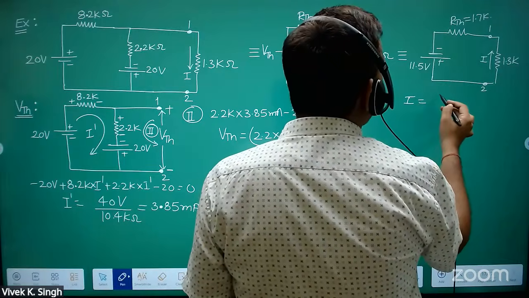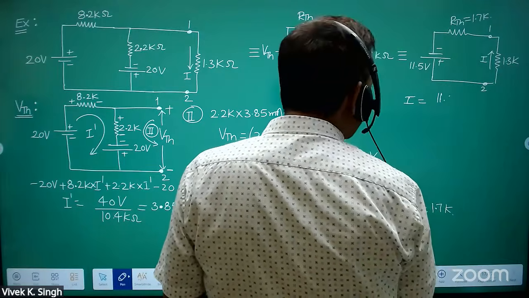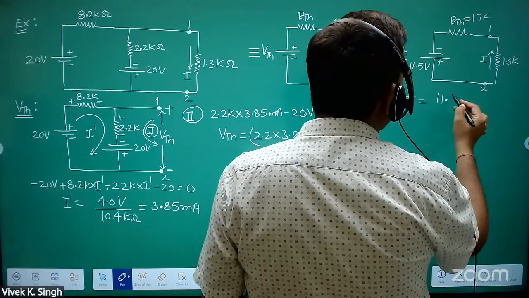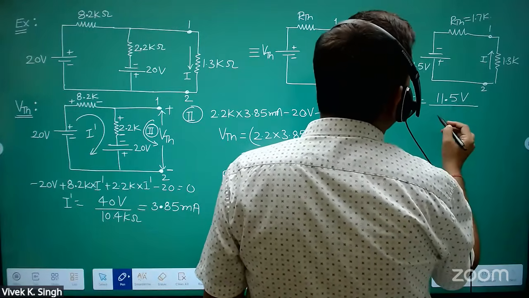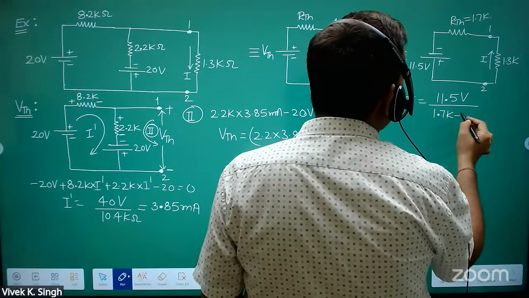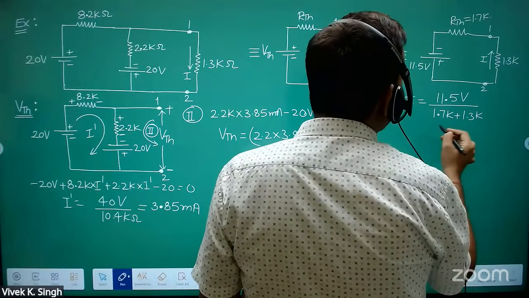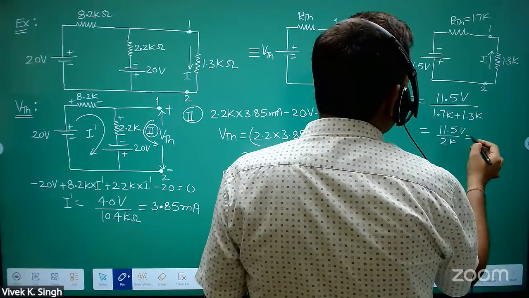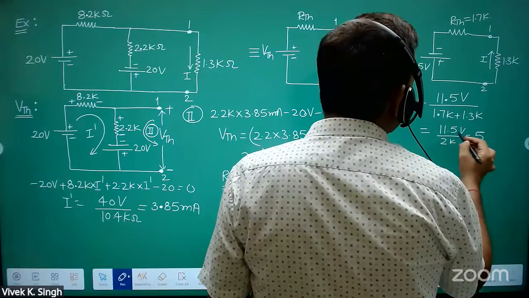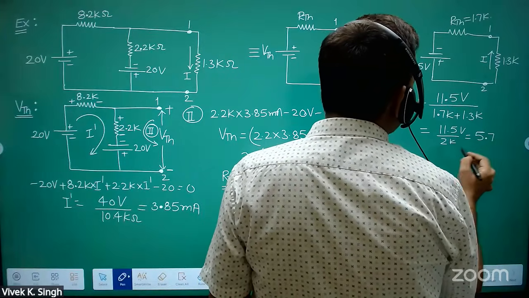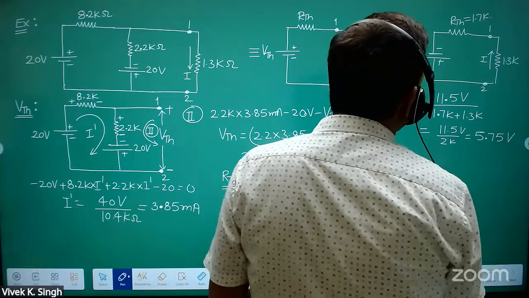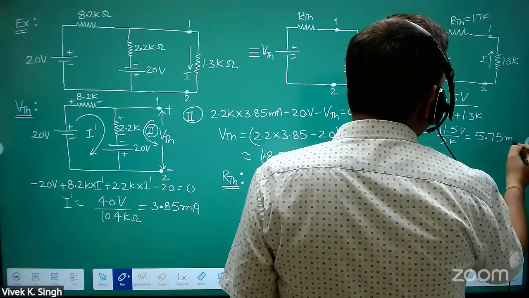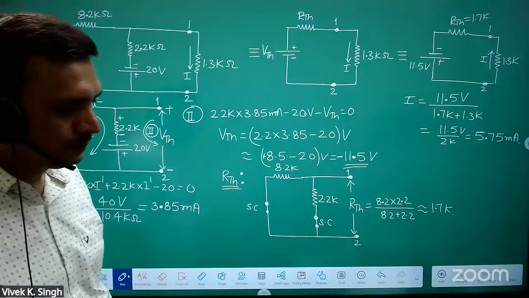And I will be given by 11.5 volt divided by 1.7 K plus 1.3 K. This is 2 K. You will get this much milliampere. Is it clear? Yes, sir.